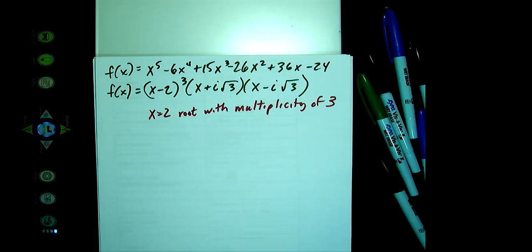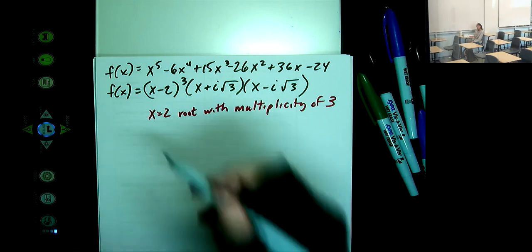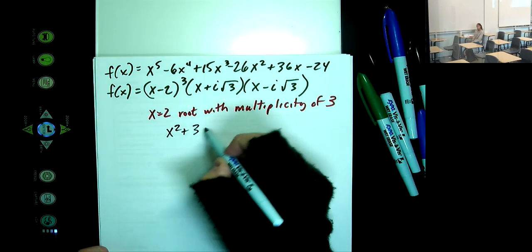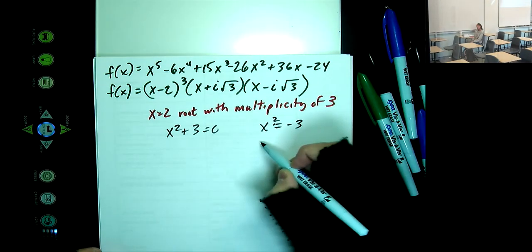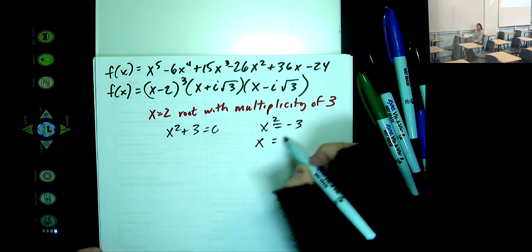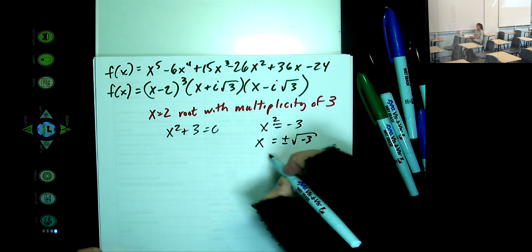So the fact that x plus i root 3 and x minus i root 3 are factors, is that an example of the conjugate zeros theorem? Yes. It shows up from solving x squared plus 3. We get x squared equals negative 3, take the square root, and get plus or minus root negative 3, but then the negative part factors out.